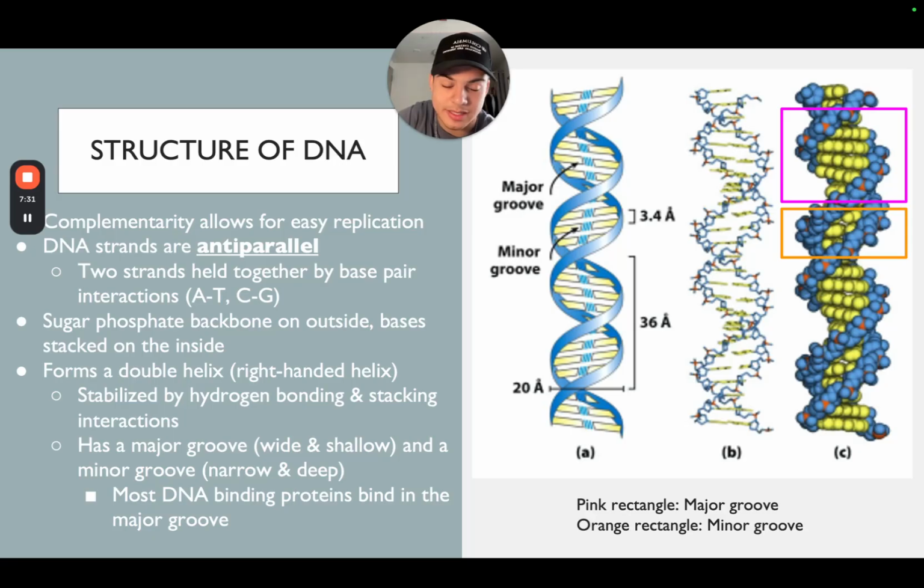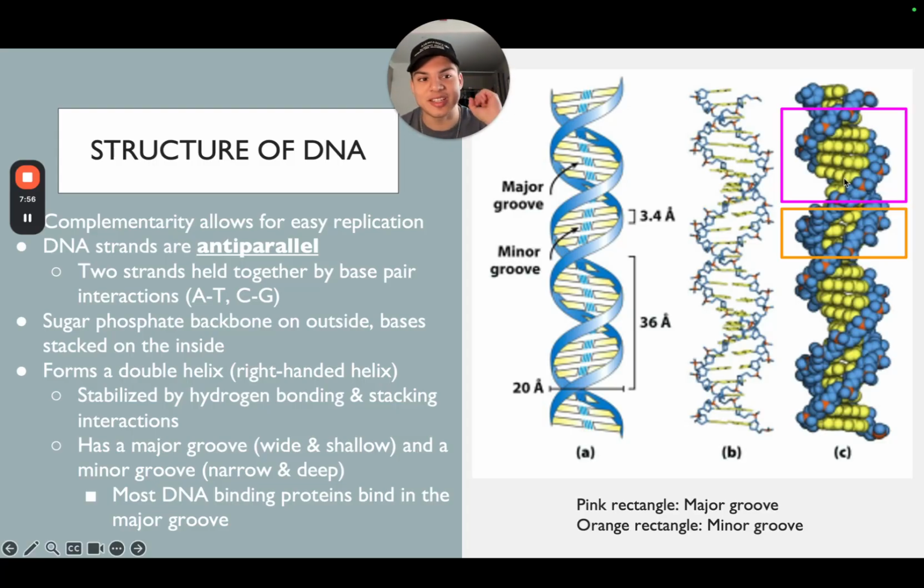The helix also has a major groove, which is wide and shallow, indicated by this magenta box here, and the minor groove is narrow and deep. All this has to do with how exposed the nucleobases are to the outside aqueous solution. As you can see here, we see a lot of the yellow, which is the bases themselves. They're very exposed.